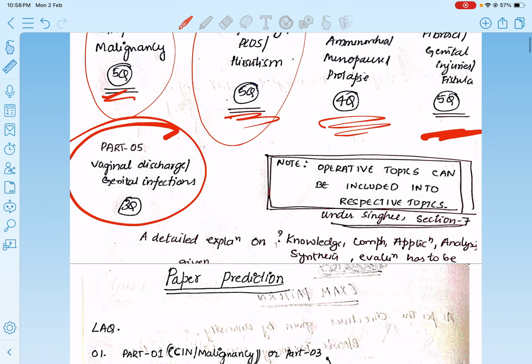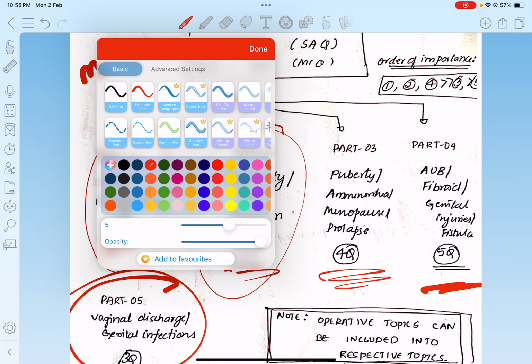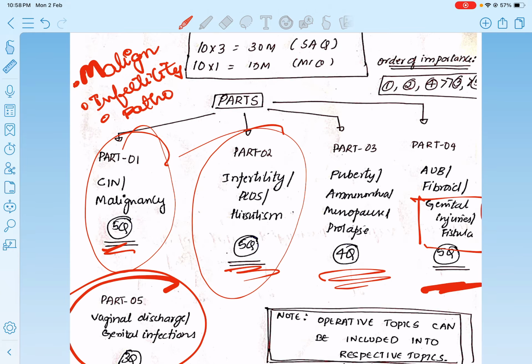So basically if you see, the first thing is the malignancy part. Then you have the infertility part. Then you have the general pathology part. The major two things you need to learn extra from the core pathology are your fistulas and the prolapse, and the infertility part.